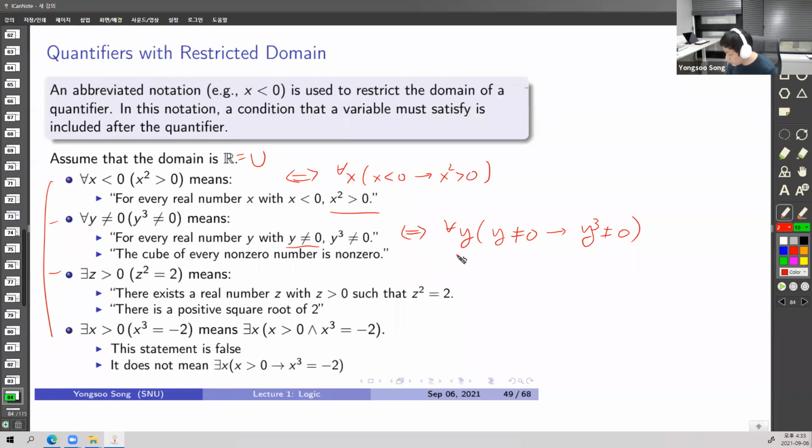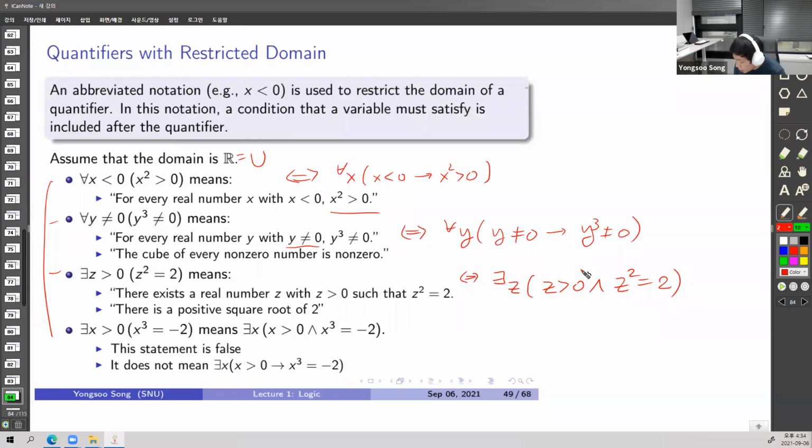This is equivalent to there exists z such that z is positive and z squared is 2. So here in the universal case we use the implication, but here we use the AND operation.